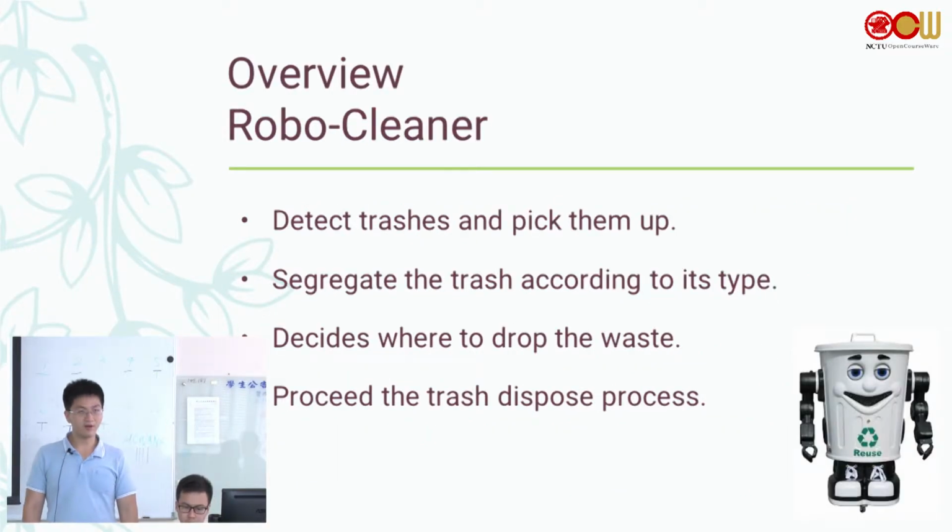For the overview of the ROBO-Cleaner, it will detect the trash and pick it up, then classify which type of trash it is, and after that it will decide where to drop the trash and proceed with the process.